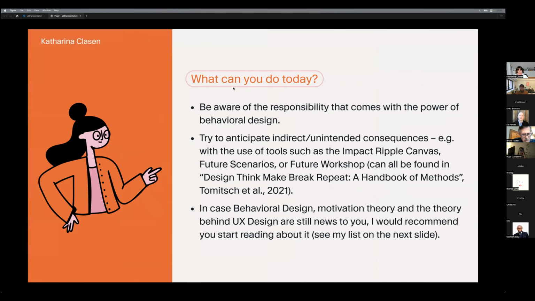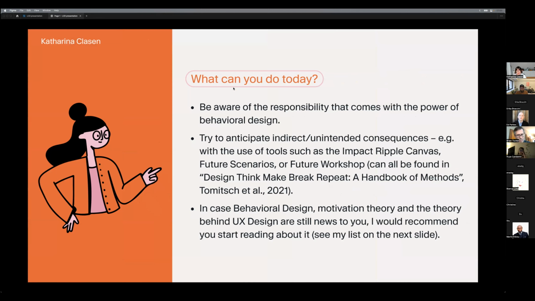So again, what can you do today? Building on the first point, of course, make sure you are aware, if you are working with behavioral design, I think we should all be aware of the responsibility that comes with that.